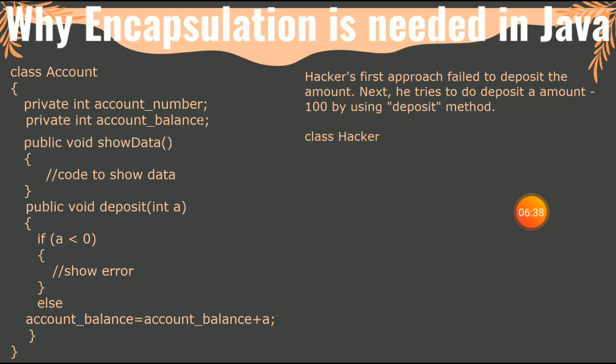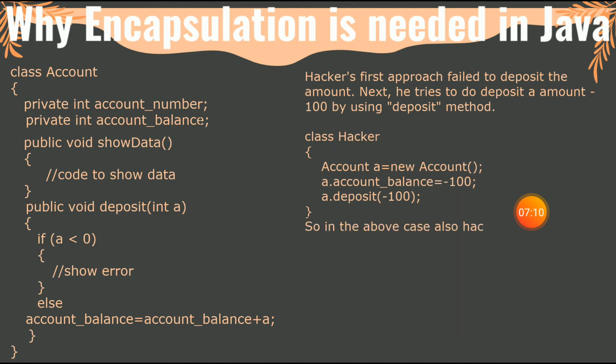Next, he tries to deposit the amount minus 100 by using the deposit method. This is the deposit method I have written on the left side, public void deposit. So the hacker creates his own class, class hacker, with a new Account. An object is created, and through the object he again assigns minus 100, using this method, a dot deposit minus 100.